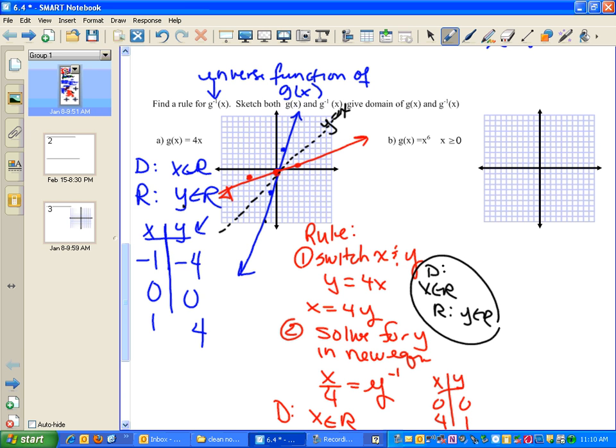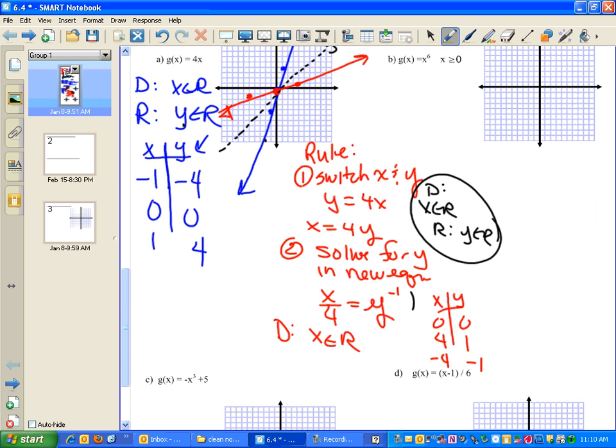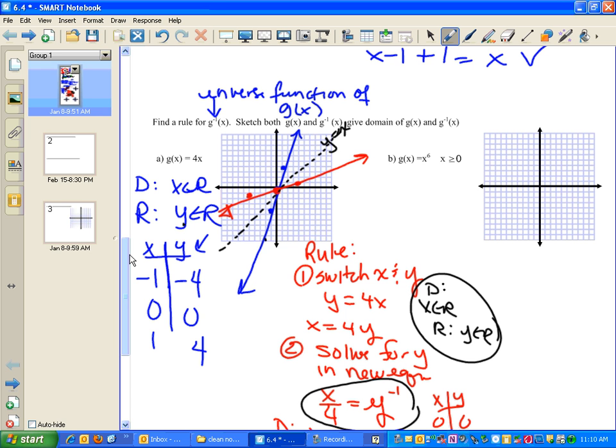So here are my domains. Here is my rule for my inverse function. And this is the graph of both of them. So all you really have to do is make one chart, don't you? If you know what your chart is, and you graph your equation, if you're trying to graph your inverse, you're just flip-flopping these.